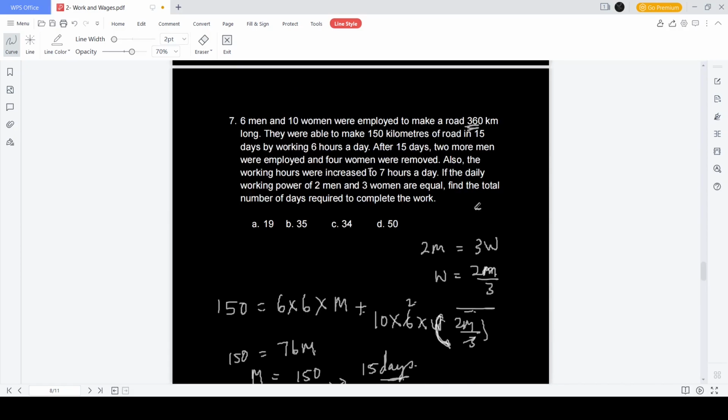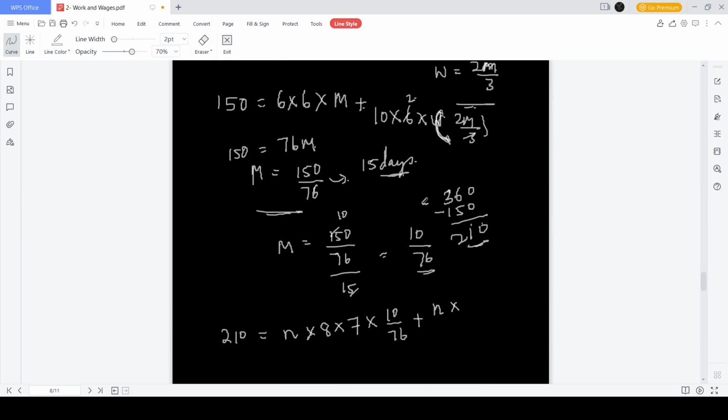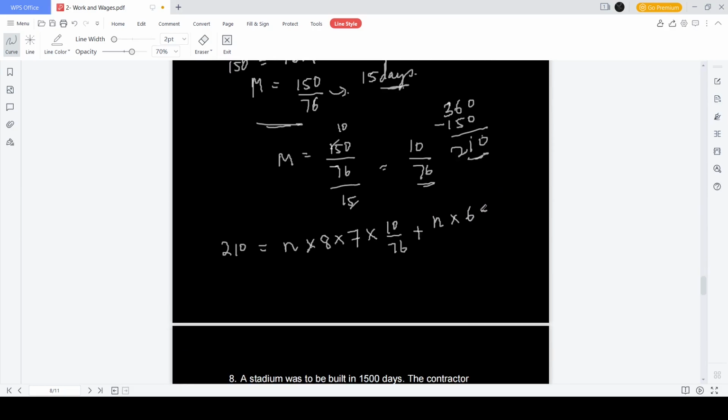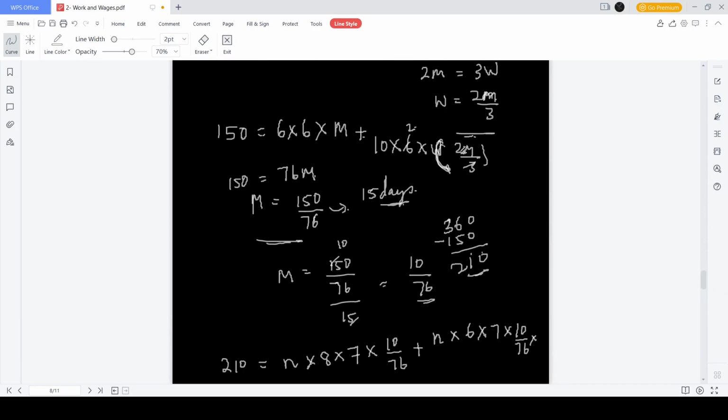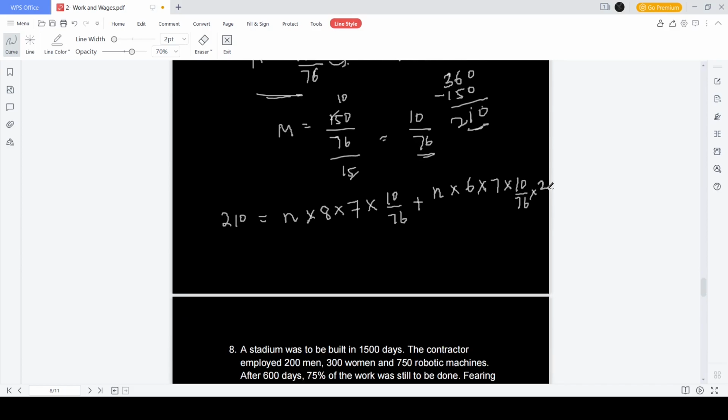The number of women was 10. 4 women were removed, so then it becomes 6 women left. 6 into 7 hours a day into 10 by 76 into 2 by 3, because that's the fraction the women work in terms of men.